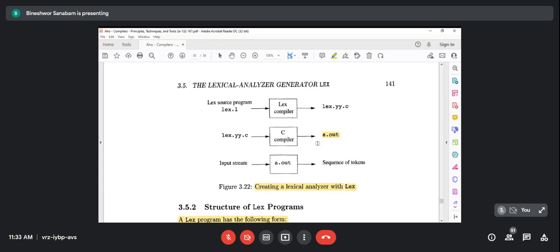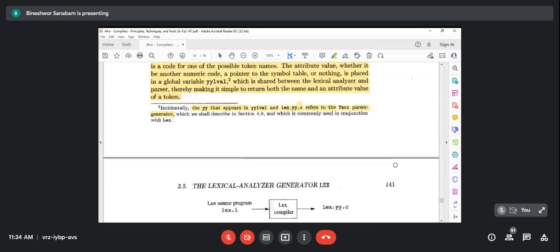Once we have this a.out, we are going to generate the tokens. We give the input stream, and it goes through a.out, which contains all the different patterns. According to which pattern it matches, it returns the tokens for the input stream. Okay, so this is how a lexical analyzer is created.